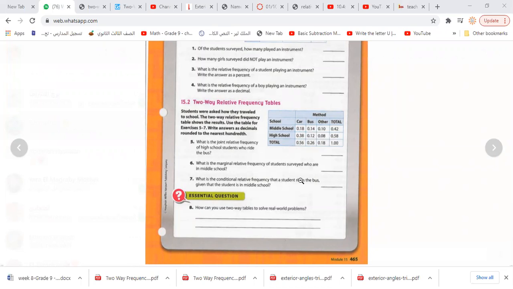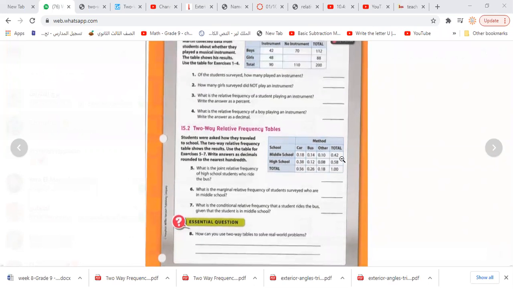Then you will extend to find the total for this row, which is 0.42. Then to find the answer for this question, you will divide 0.14 by 0.42. This is how to calculate the conditional relative frequency.